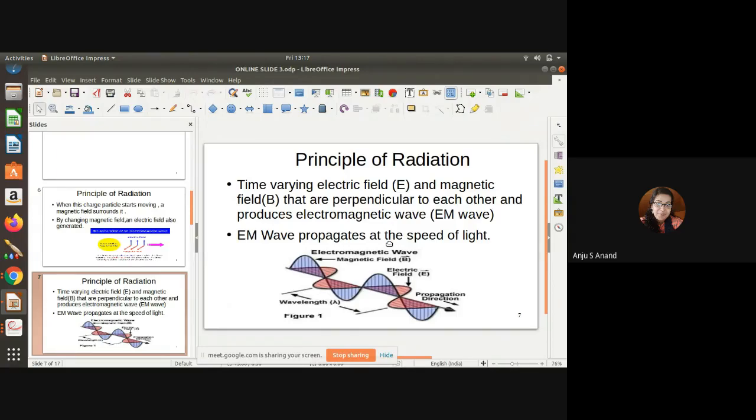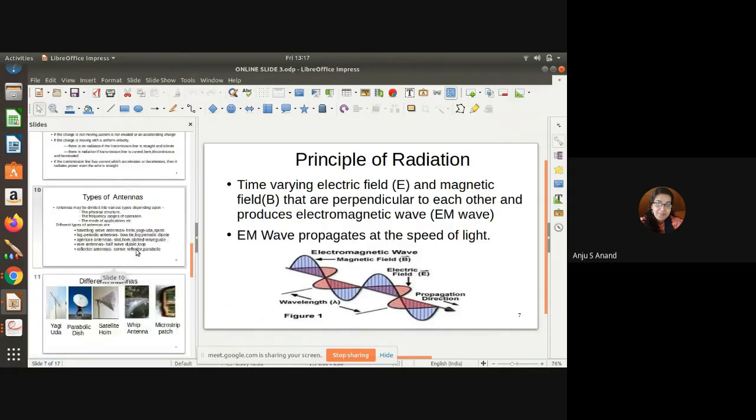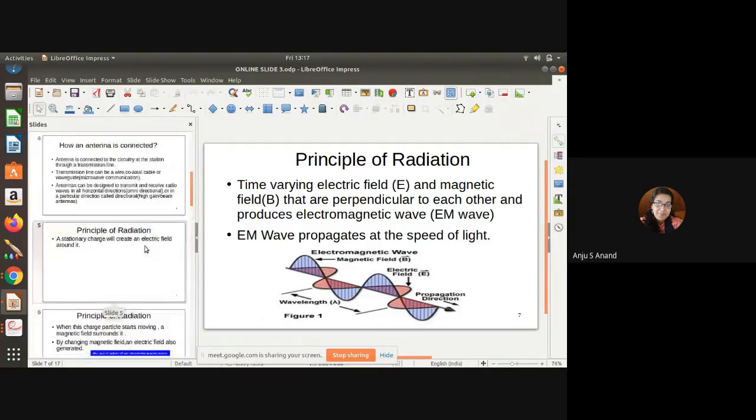And the radiation comes about as we have explained in a YouTube video: when positive and negative particles come together in a particular time period, the field associated with them gets detached and propagates, and the propagation speed of the EM wave is equivalent to the speed of light.